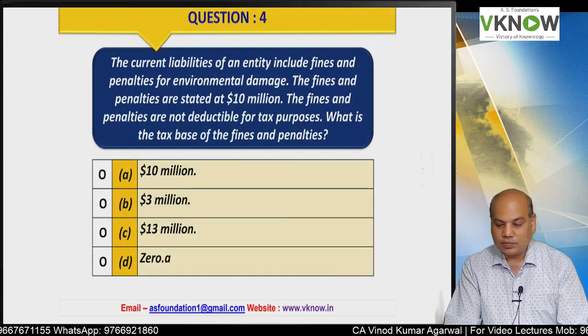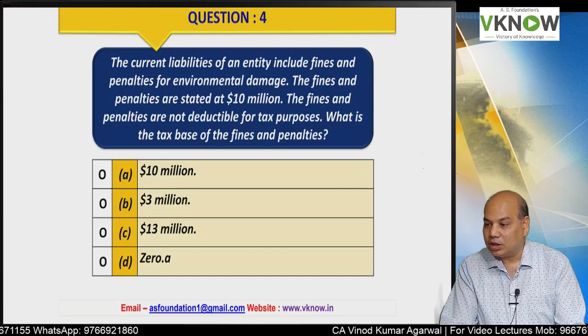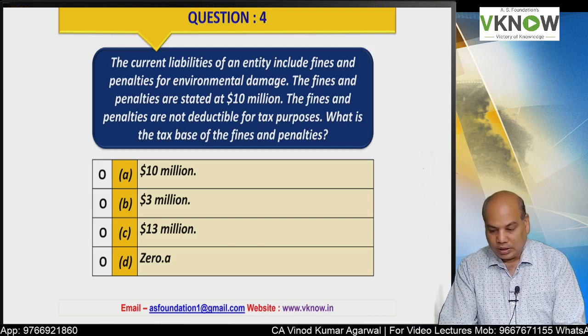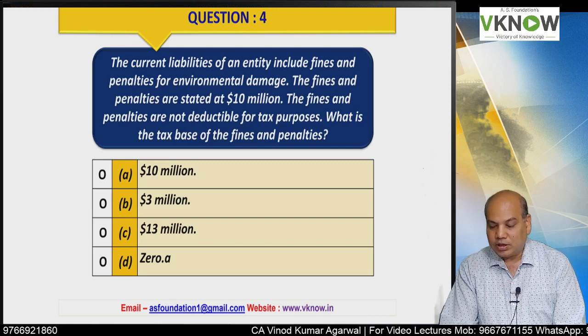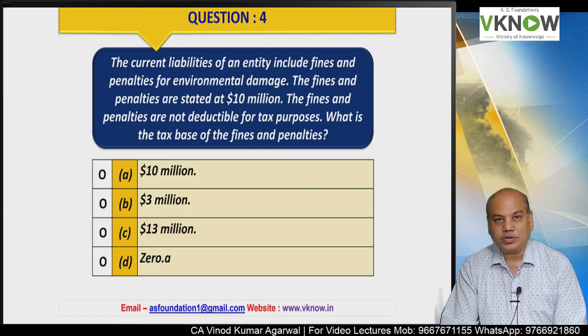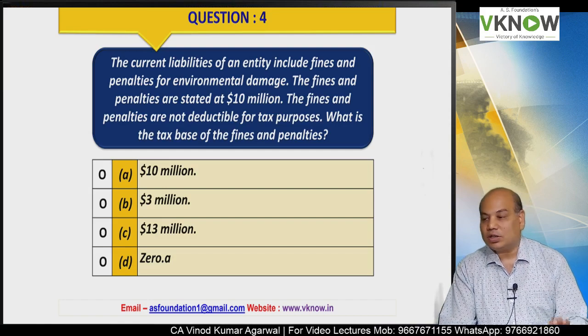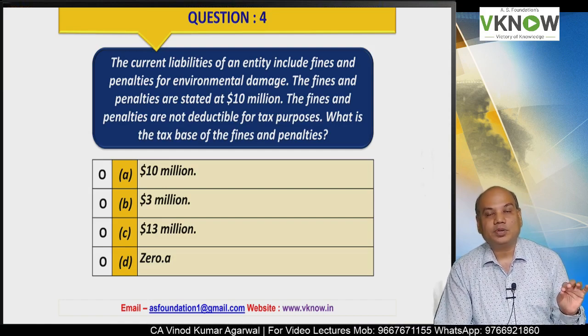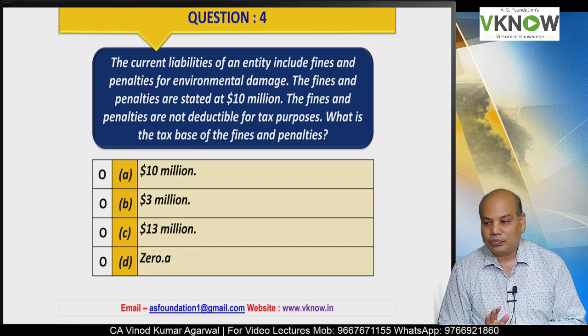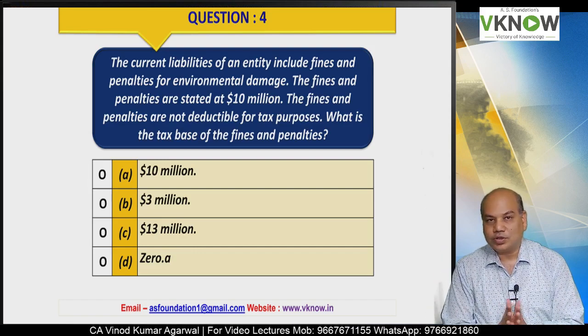One more question. The current liability of an entity includes fines and penalties for environmental damage. The fines and penalties are 10 million. The fines and penalties are not deductible for tax purposes, which means they do not have future tax consequence.